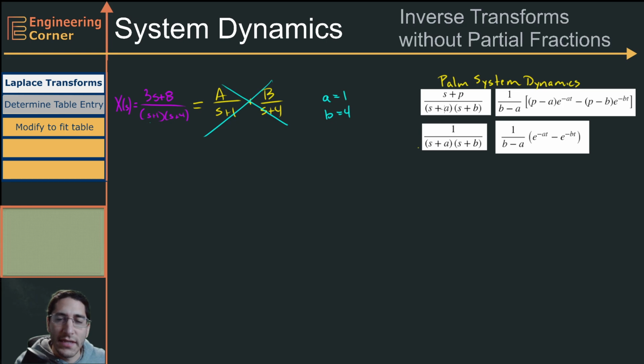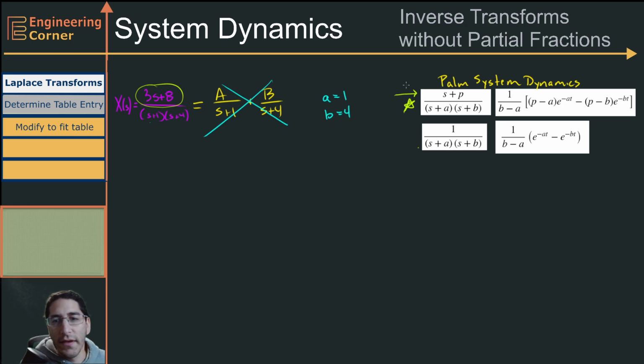Now, the only difference is which one of these will I pick? Well, the example I'm using has an s term in the numerator, and this top entry has the s term in the numerator too. This one just has a 1. So I want to try to fit it into this table entry over here.